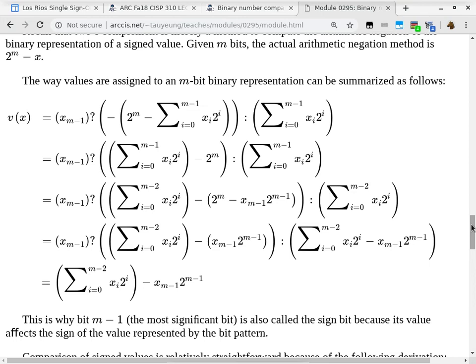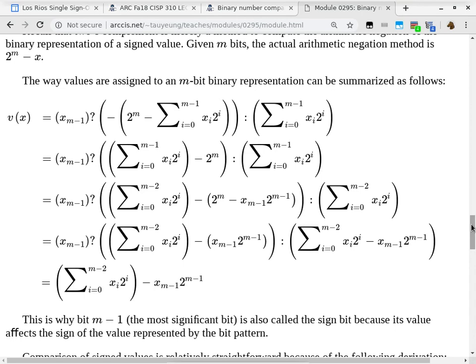If the most significant bit is a 1, the value represented is negative, so we use the ternary operator here, where this is the negative value represented. If x subscript m minus 1, the most significant bit, is a 0, then the signed number is representing something non-negative, so we use the third part of the ternary operator to represent that.